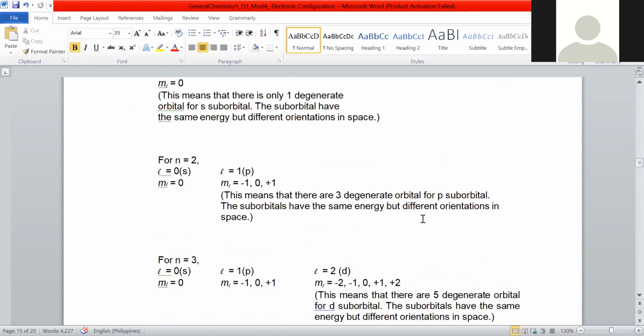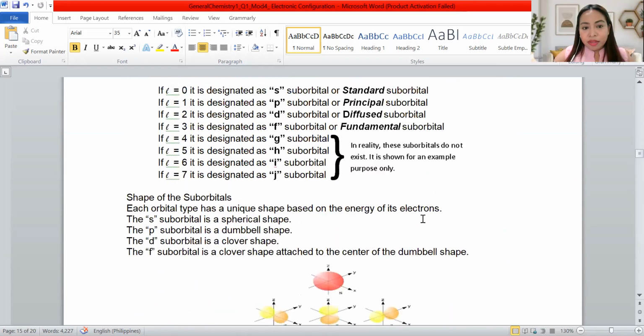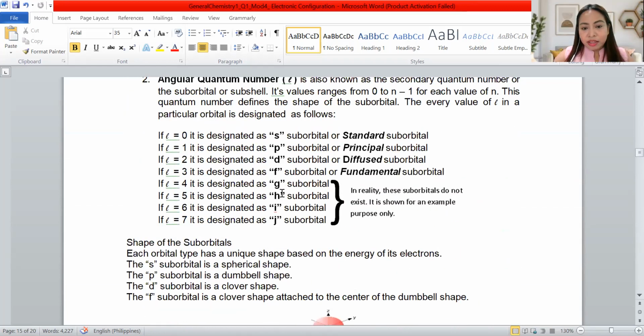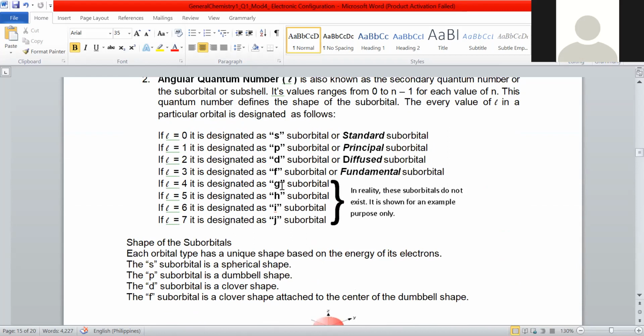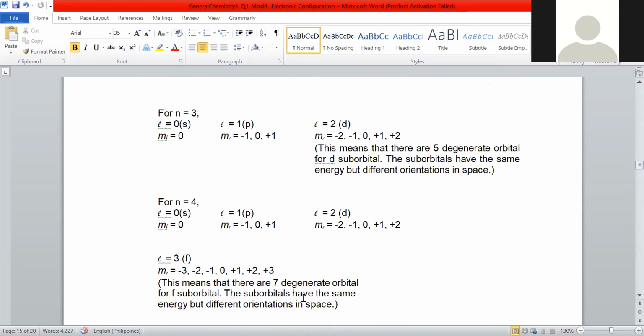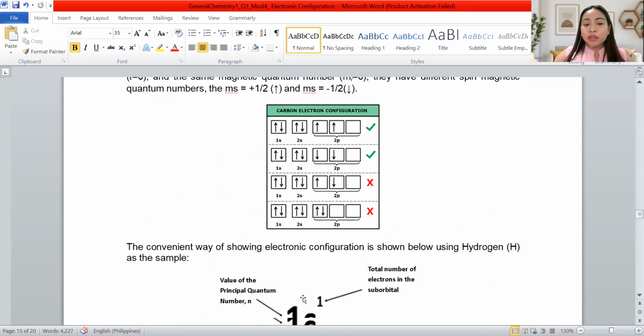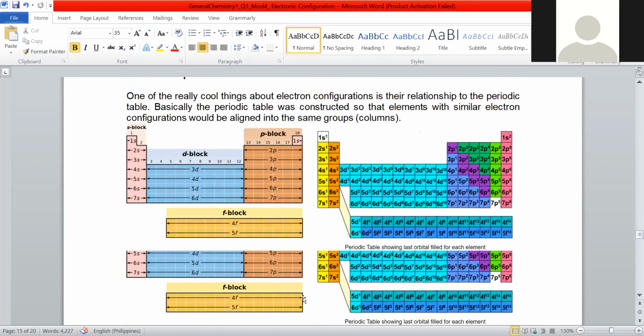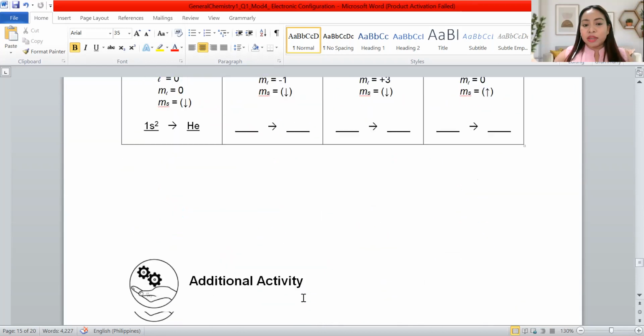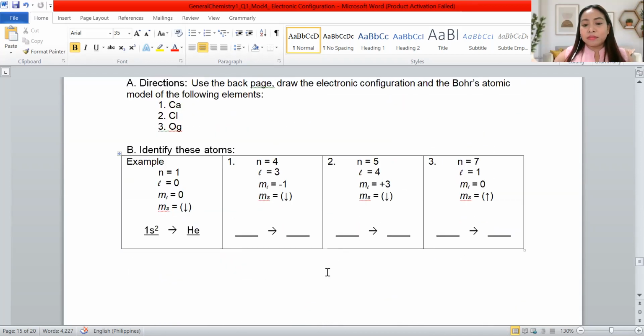And there is L equal to 4. That is not possible because it doesn't exist. So we cannot identify the atom. So what exactly are you identifying?